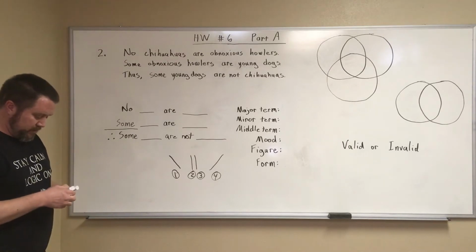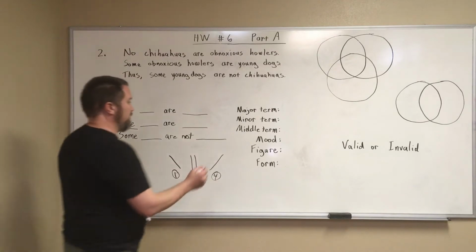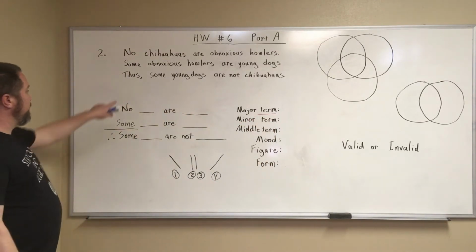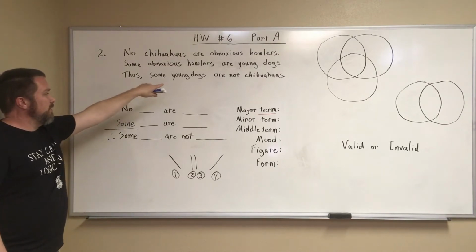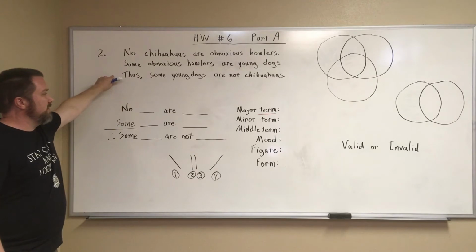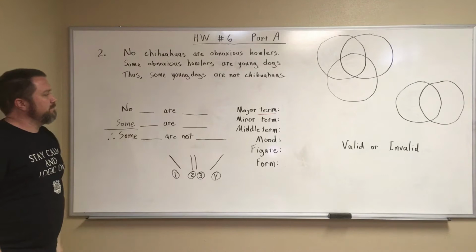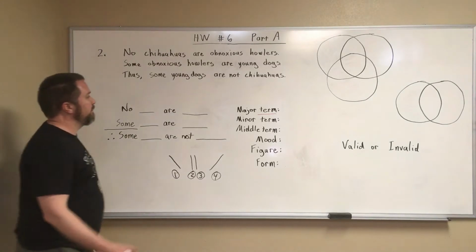terms. So again, just like we did last time, the major term is going to be, we look at the conclusion first and foremost. So thus, we know that the third statement is the conclusion. Some young dogs are not chihuahuas. The major term is going to be the predicate of the conclusion statement.